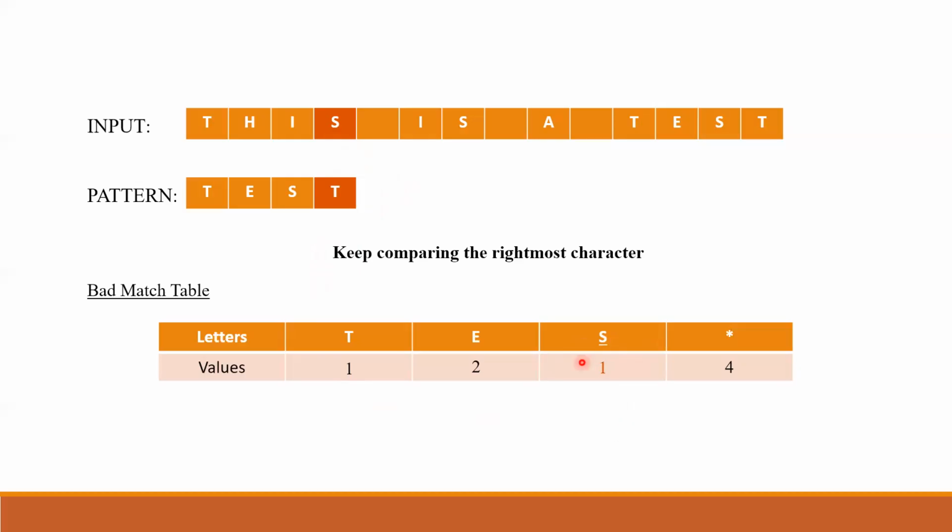And that means we have to shift the pattern by 1 to the right. It's important to know that we have to take the character from the text and not from the pattern when we look into the bad match table.